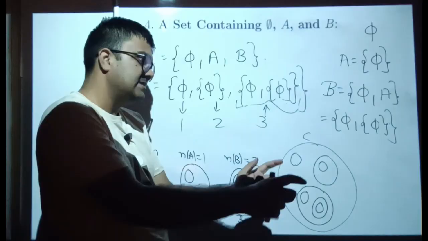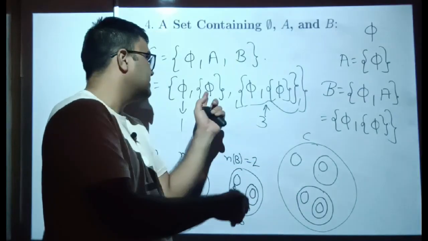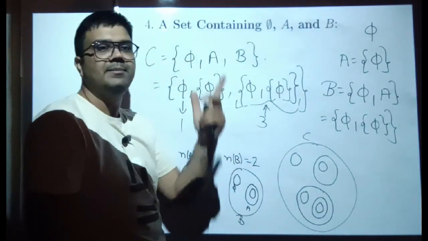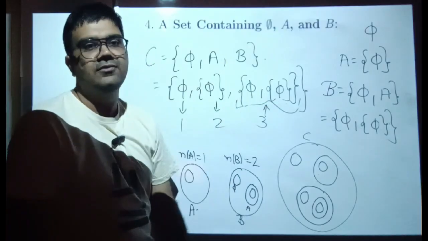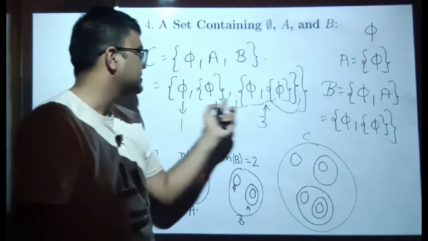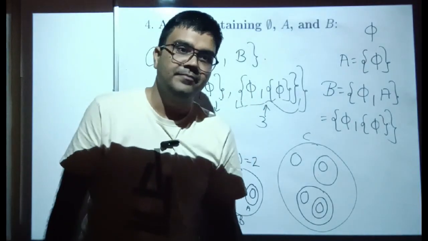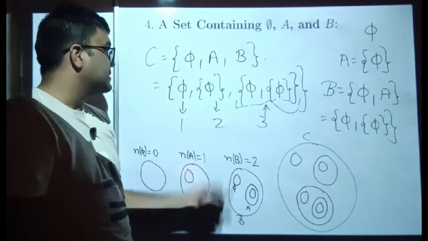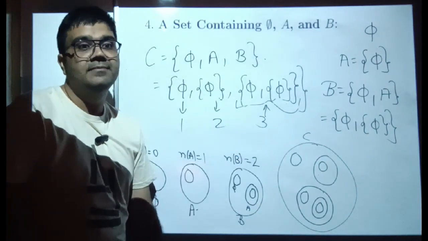It contains a bag which contains another bag which is empty, and we continue like this. So this is how we can represent these sets, the sets containing the empty set.